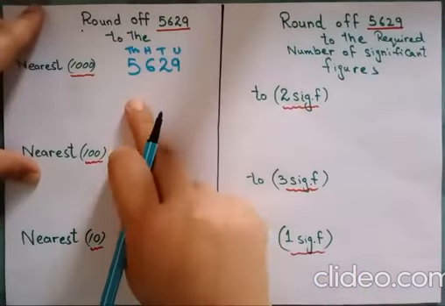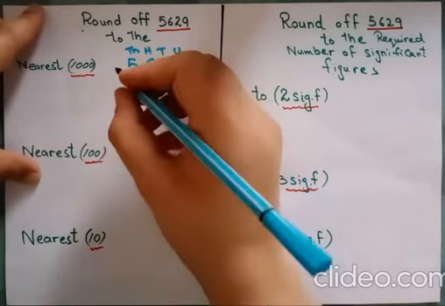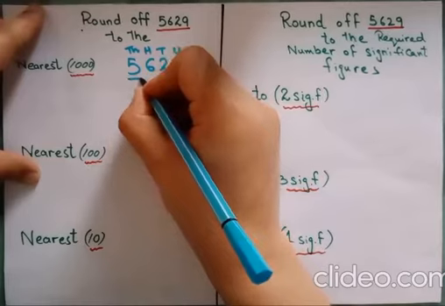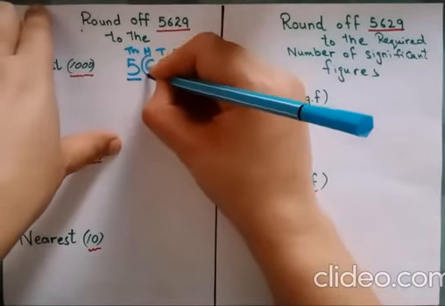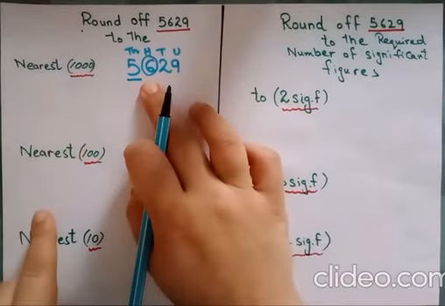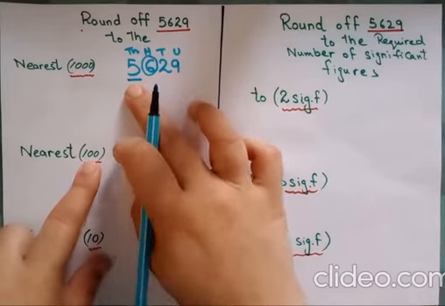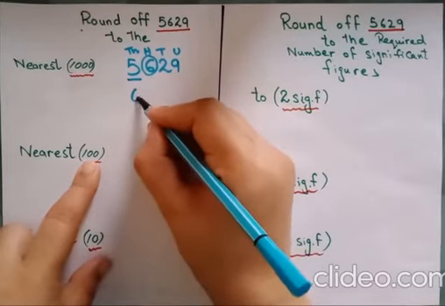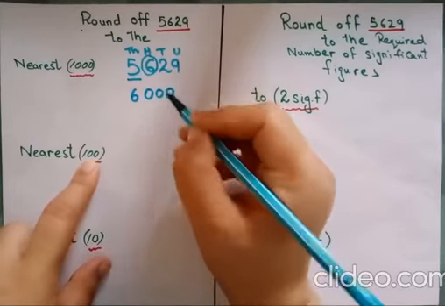My first step is to underline the digit at which I have to round off. So I will underline this digit, and I will circle the very next digit, which is 6. If this circled number is 5 or more, then I will add 1 to this 5, so it will become 6, and all the remaining digits will be zeros.